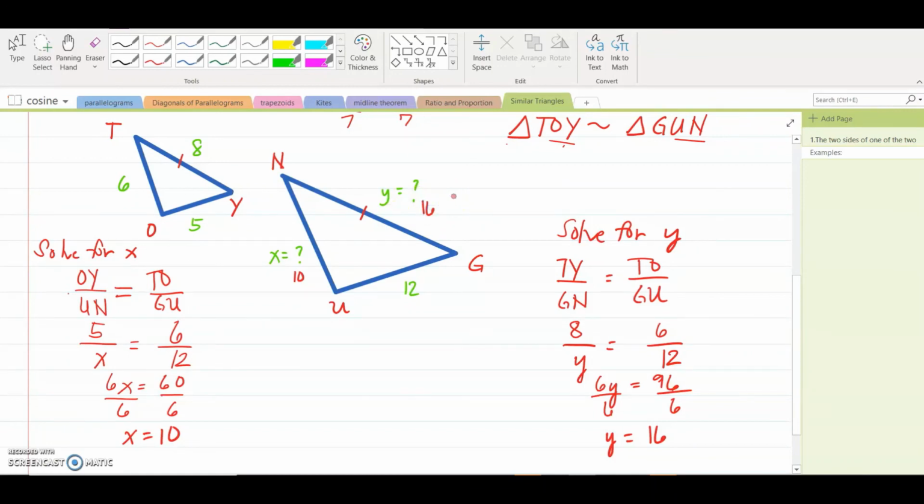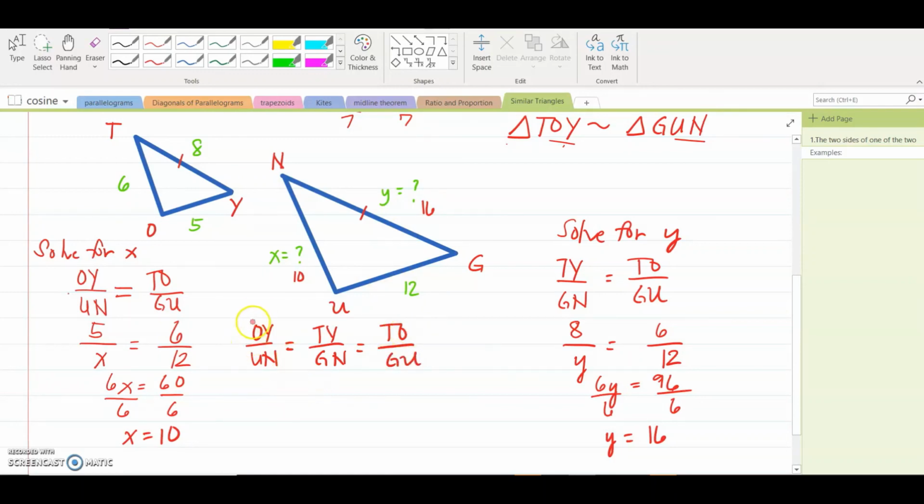So I'm going to write the corresponding sides which are proportional to one another. So we have OY over UN equal to TY over GN equal to TO over GU.